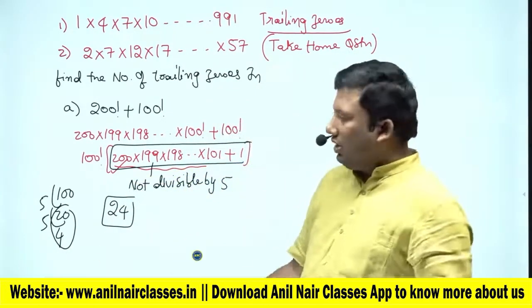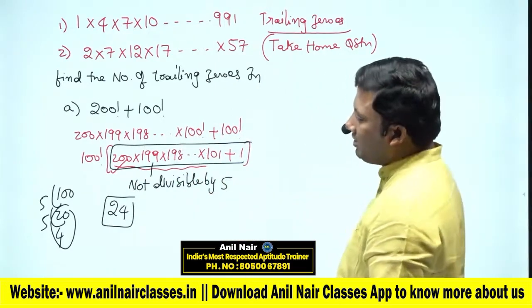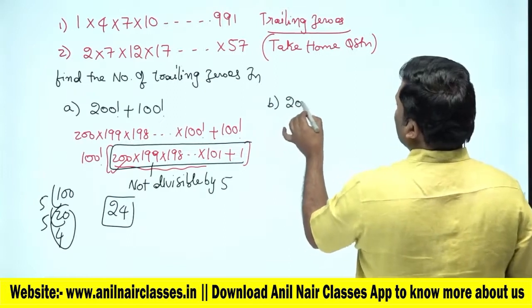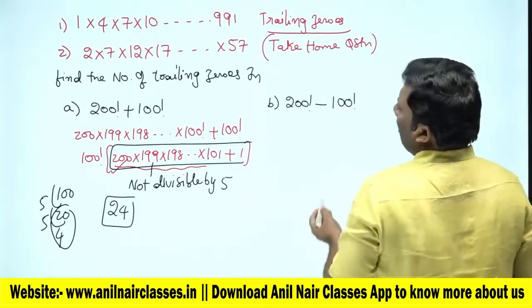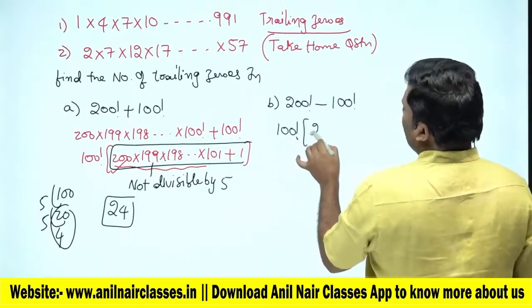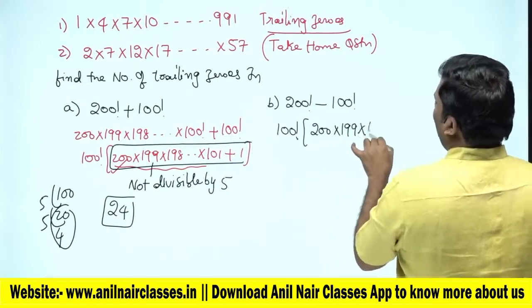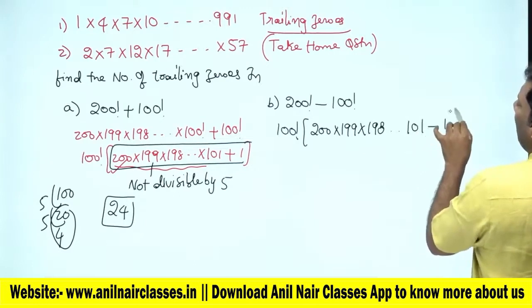Number of trailing zeros for 200 factorial plus 100 factorial, the answer is 24. Even if the same question is 200 factorial minus 100 factorial, this is nothing but 100 factorial times a bracket. The bracket will be 200, 199, 198 and so on up to 101, minus 1.